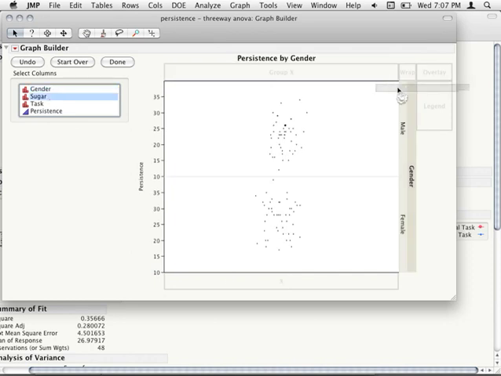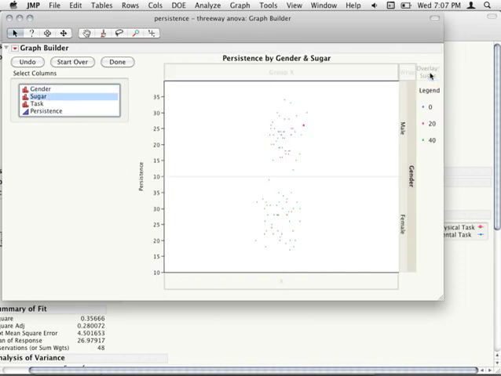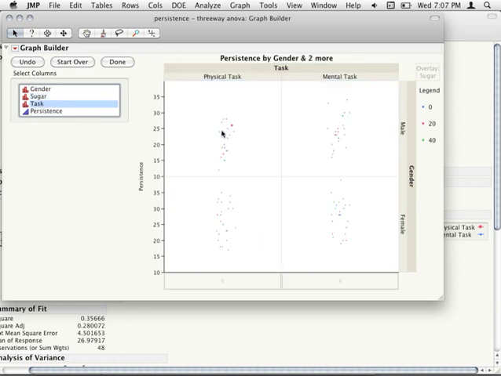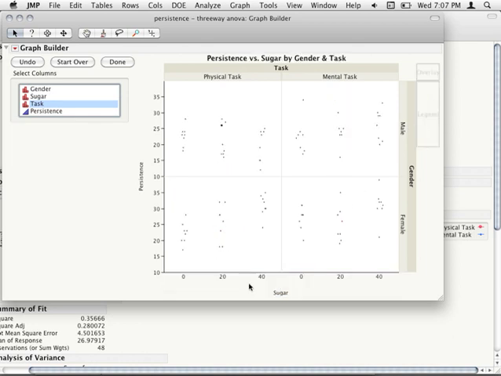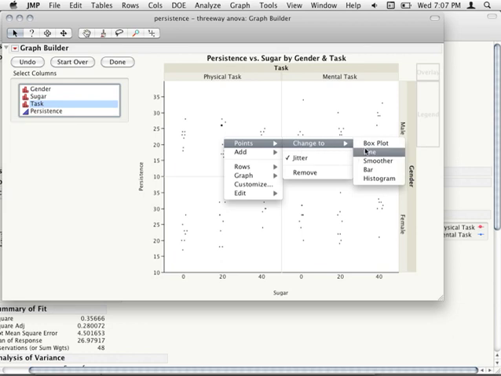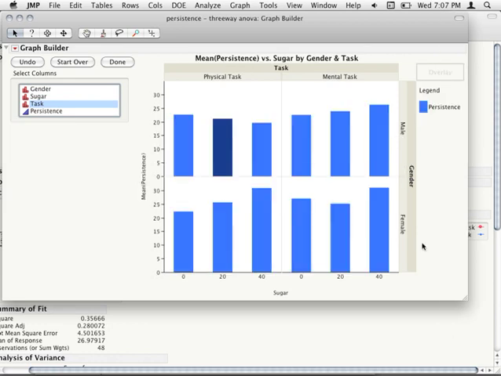And then sugar we can make as the overlay or something, and then task as the, I don't know, there's some way to get this to work. Oh, no. We want to do sugar as the x-axis here. And then we can actually change these points to bars. It's not that pretty, but there are ways to make it work using this as well.